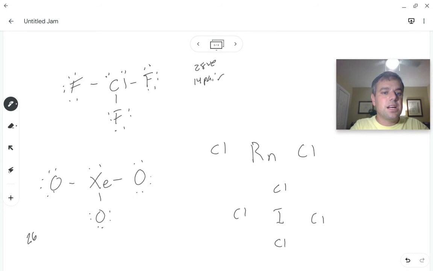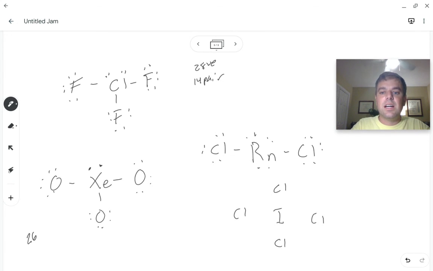That one doesn't actually violate the octet rule at all. It's just a novelty one because it's got a noble gas in the middle of it. Then over here, we have radon dichloride, which has 8 plus 7 plus 7. So that's 22 electrons, or 11 pairs. 1, 2, 3, 4, 5, 6, 7, 8, 9, 10, 11.